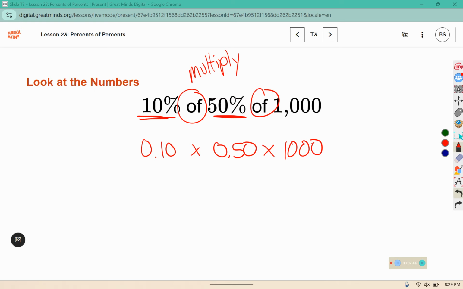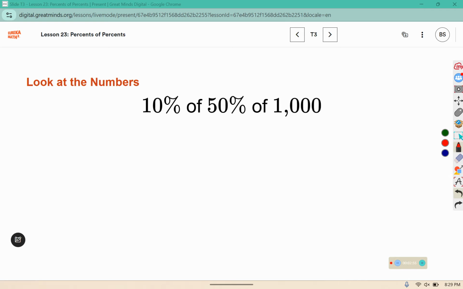When we multiply these three values together, we end up with 50. So 10% of 50% of 1,000 is 50.